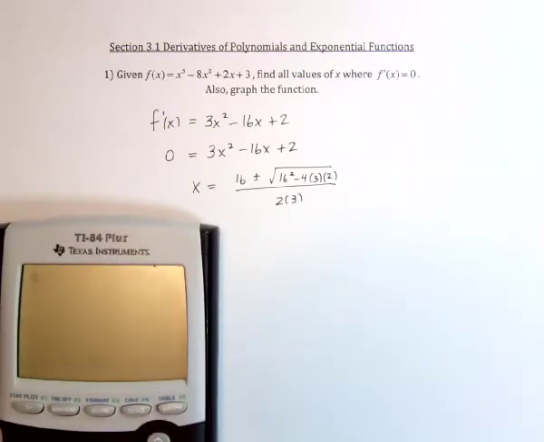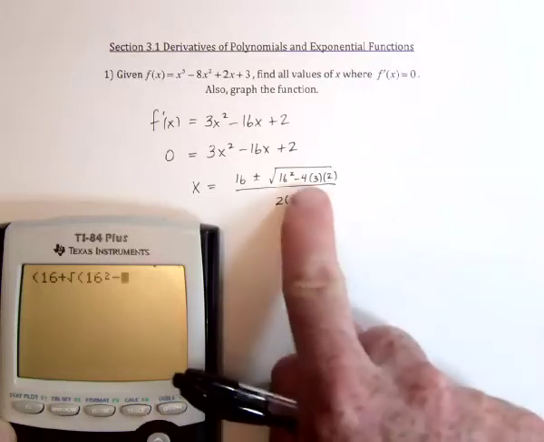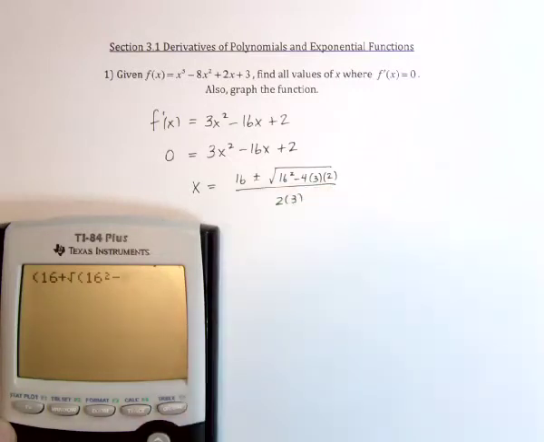So we'd have 16 plus, I should use parentheses, the square root of 16 squared minus, what's that, 12 times 2, 24.